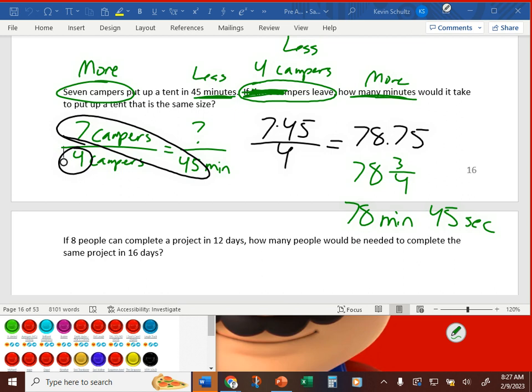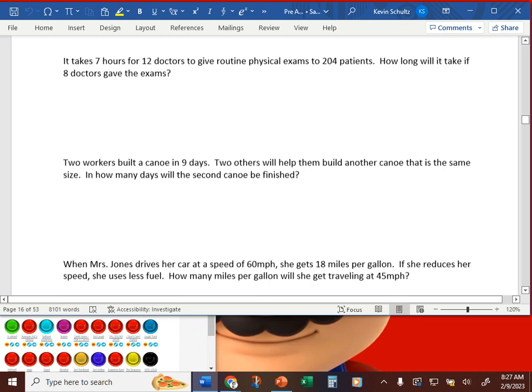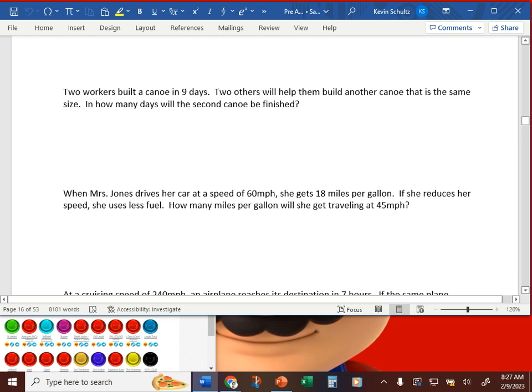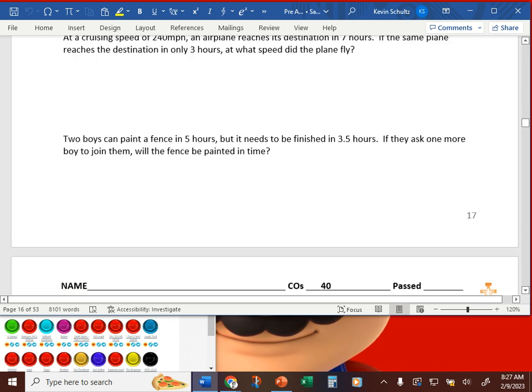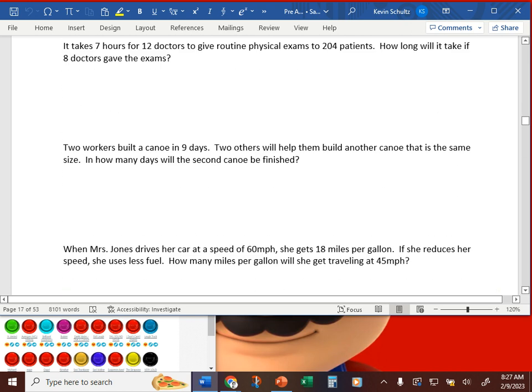All right. Your homework for tomorrow is the entirety of the second page. You've got, let's see, 1, 2, 3, 4, 5, 6 of them to do. Pay attention to the wording. What's your more? What's your less?